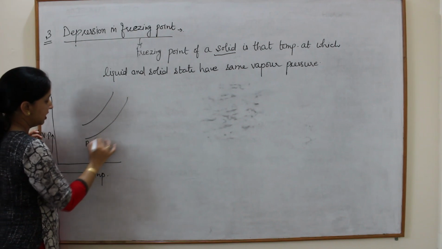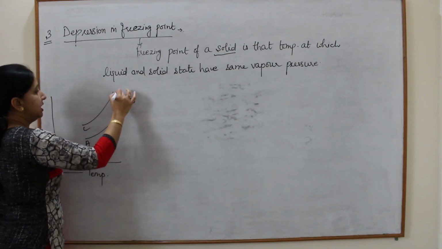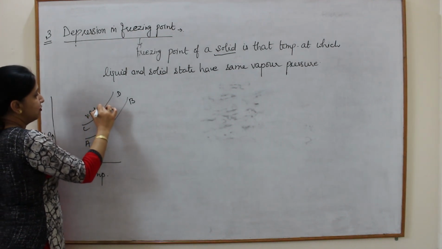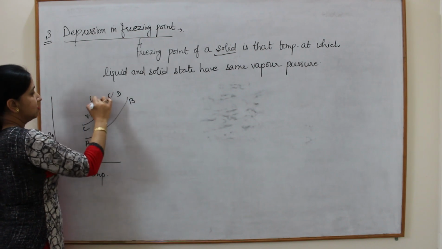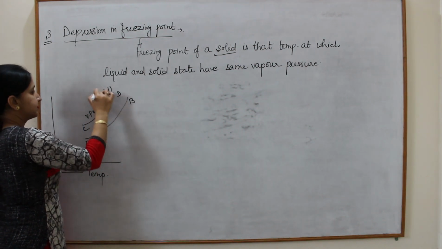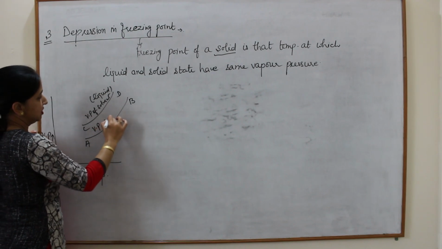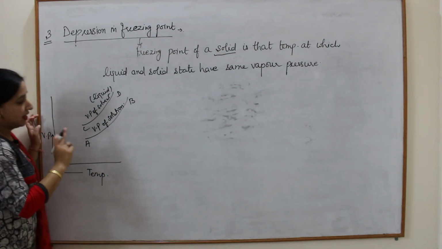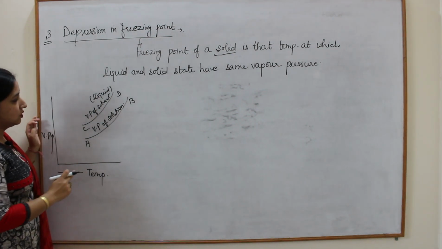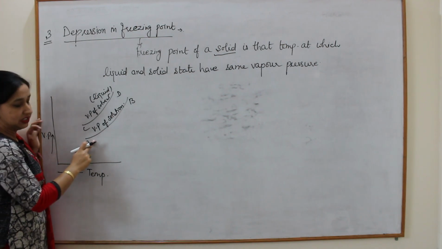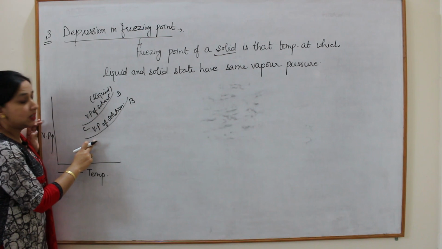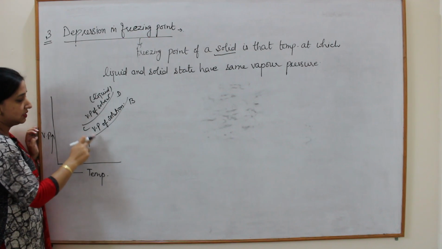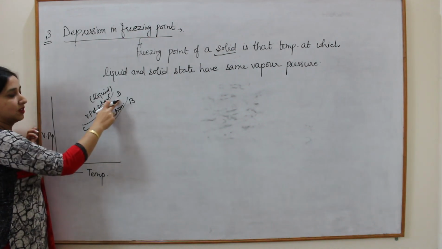So, if A, B, C, D. So this higher curve is the vapor pressure of pure solvent, or you can say liquid, and this is the vapor pressure of solution. Because we know that when we add any non-volatile solute to any solvent, its vapor pressure gets lowered. That is called lowering in vapor pressure. That's why the curve of vapor pressure of solution is lower than that of the vapor pressure of the solvent.